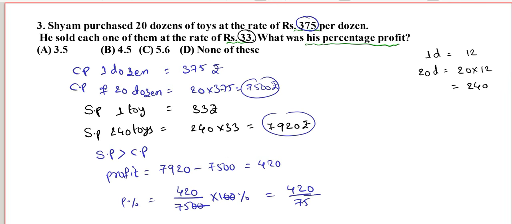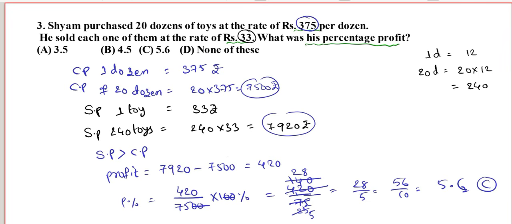Both are divisible by 3. 3 ones are 3, 3 fours are 12, 3 twos are 6, 3 fives are 15, so we get 140 by 25. Both are divisible by 5: 5 fives are 25, 5 twenty-eights are 140. So 28 by 5, which is 56 by 10, which is nothing but 5.6. So the third option is the correct one for this question.